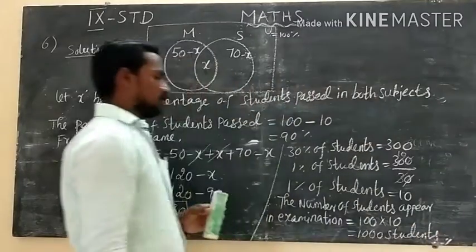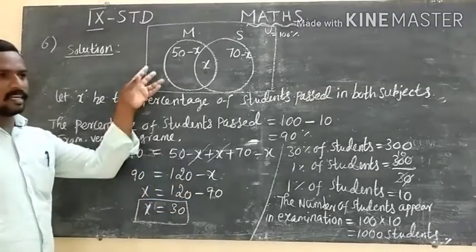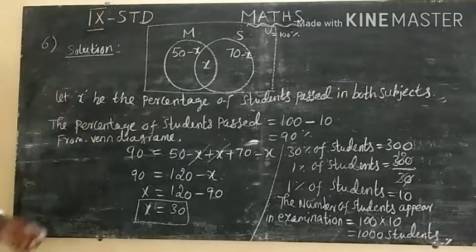So that's your answer: 1000 students appeared in the examination. Have you understood the answer? This was the question explanation.